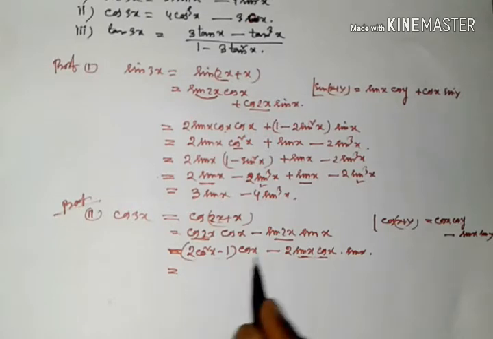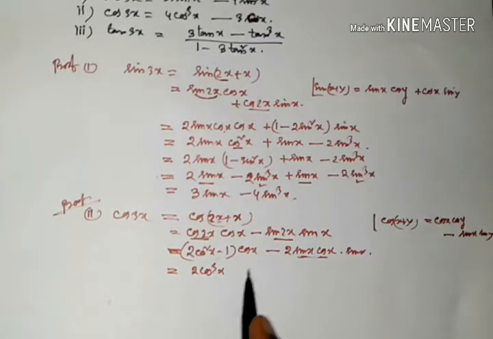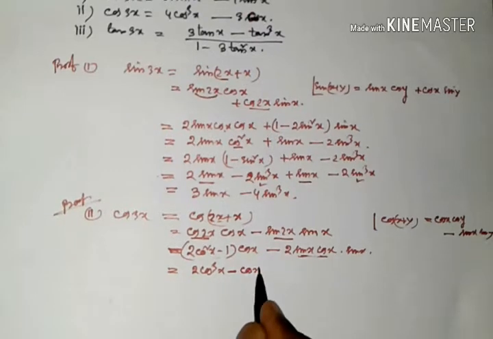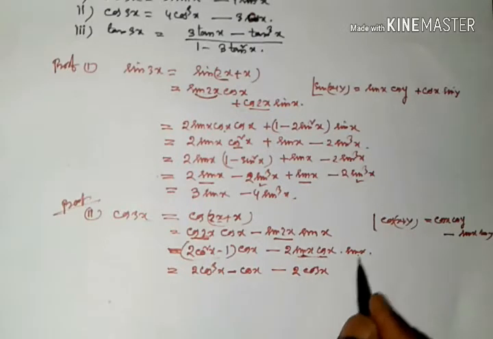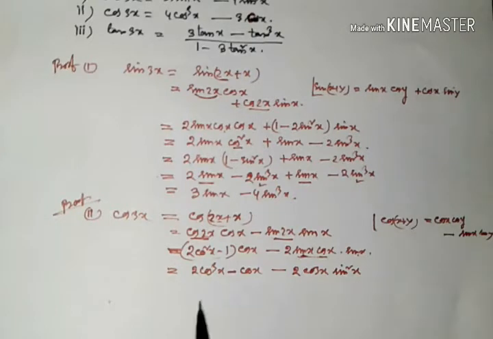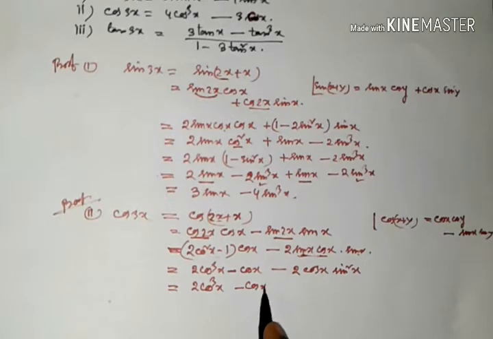Now 2 cos square x into cos x gives 2 cos cube x, minus 1 into cos x, minus 2 sin square x cos x.